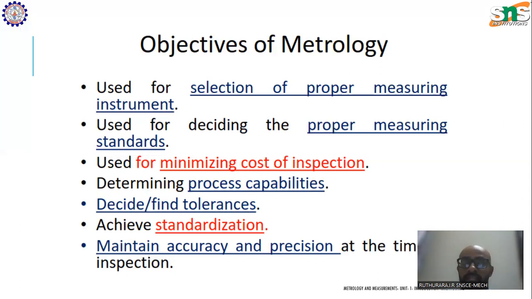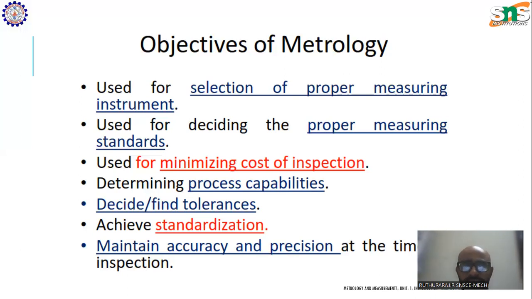So accuracy, as we have already discussed, is the closest value to the actual value. Which instrument can produce the closest value to the actual value? That instrument is called the accurate instrument. So use of proper measuring instrument. Similarly, take another case. You are measuring the length of a table. Is there a need for using a vernier caliper to measure the length of a table?